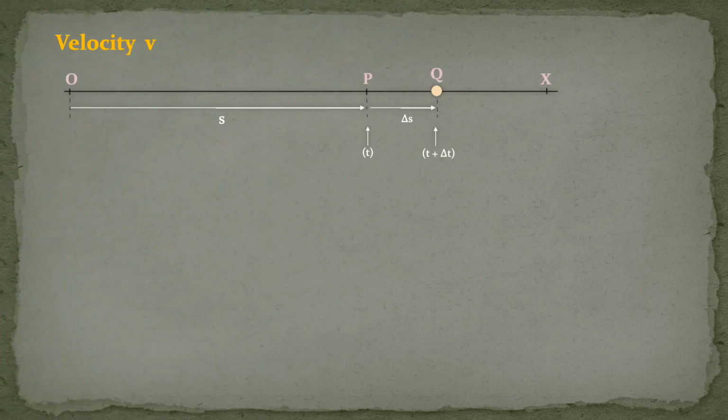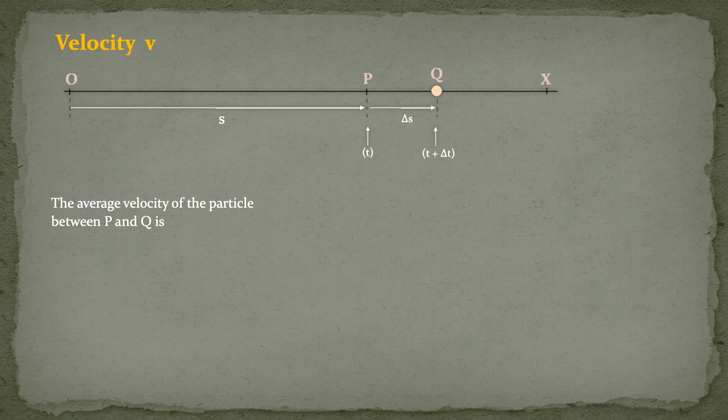We now consider velocity v. So our particle is still moving along our x-axis from O towards X. Let's focus on that little section of its journey between P and Q. Ask yourself this question: what would the average velocity of the particle be between P and Q?